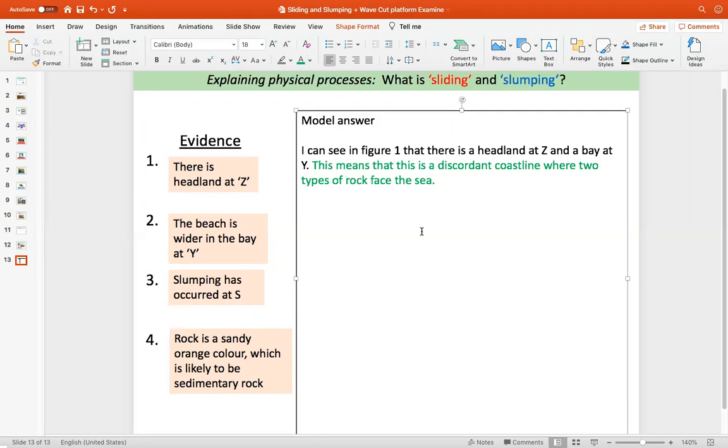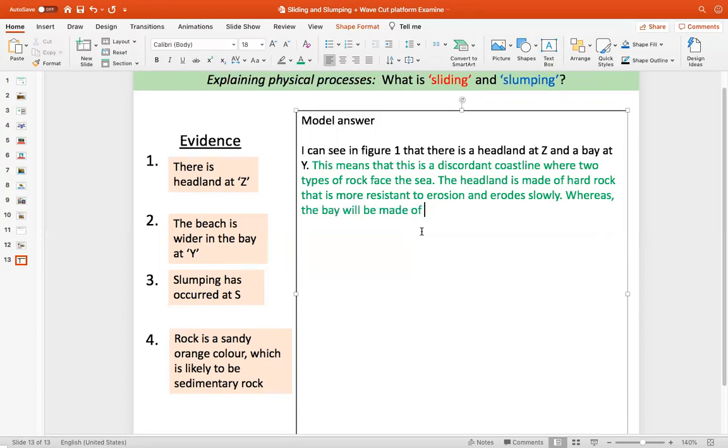We're going to carry on explaining. The headland is made of hard rock that is more resistant to erosion and erodes more slowly, whereas the bay will be made of soft rock, meaning it will erode quickly.